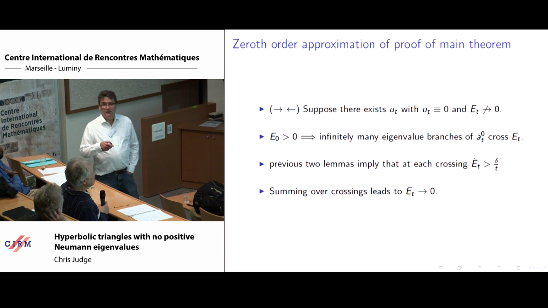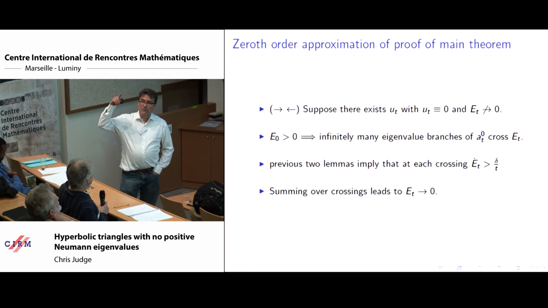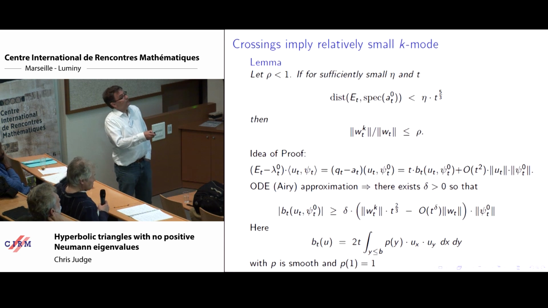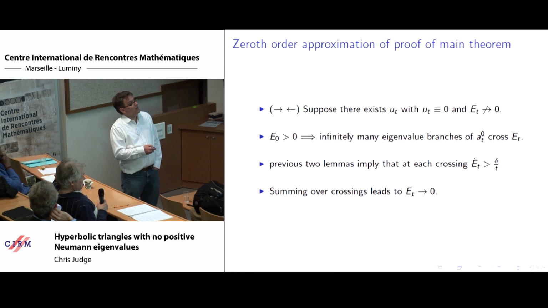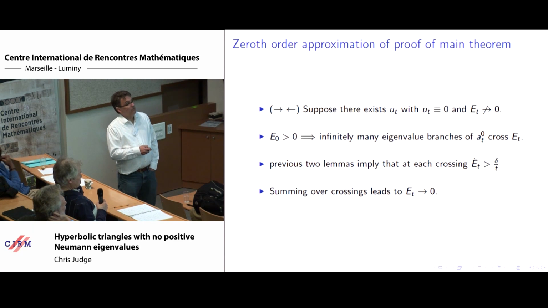Remember at the very beginning, for pi over 3, pi over 4, and pi over 6, yes, we do know there are lots of them. So what we'll have is eigenbranches of QT, where at those particular t's, this is 0. Okay.